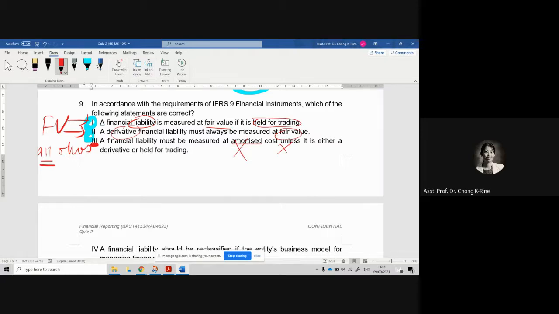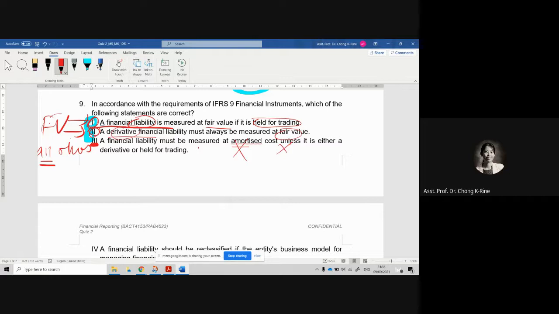It says a financial liability must be measured at amortized cost unless it is either a derivative or held for trading. The meaning of this sentence is, number 1, held for trading, we will use fair value. Number 2, derivative financial liability, we also use the fair value method. So all others, which are not a liability held for trading and also not a derivative financial liability, we will use amortized cost. Wrong. This is not the best answer. This is not 100% correct.